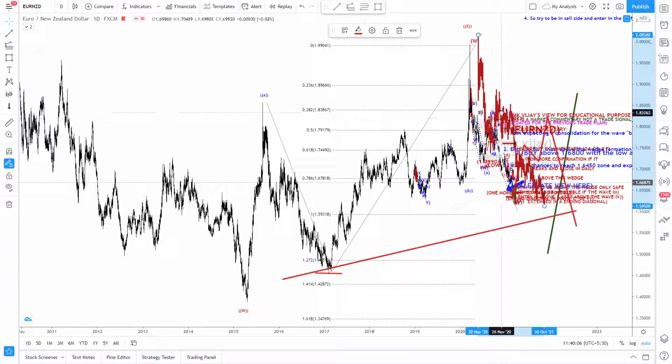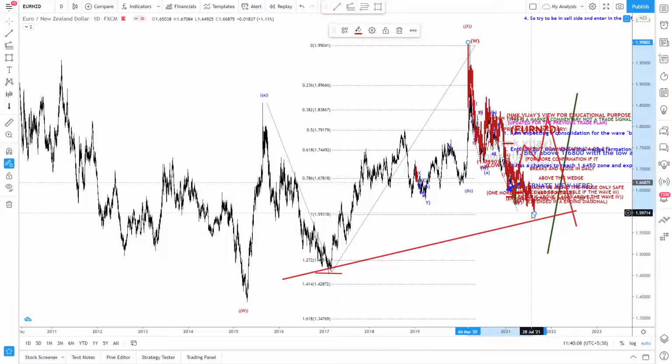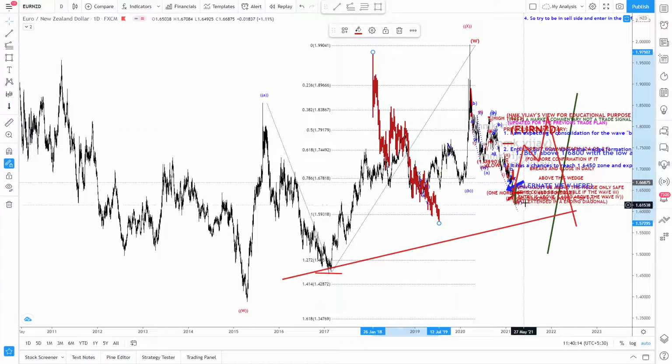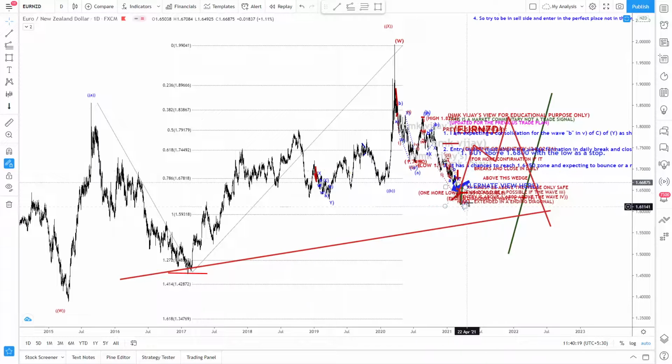So in that case, it will suit here. So that is my target also, right? So let's see, the same thing happened here, and again I am expecting a bullish scenario.